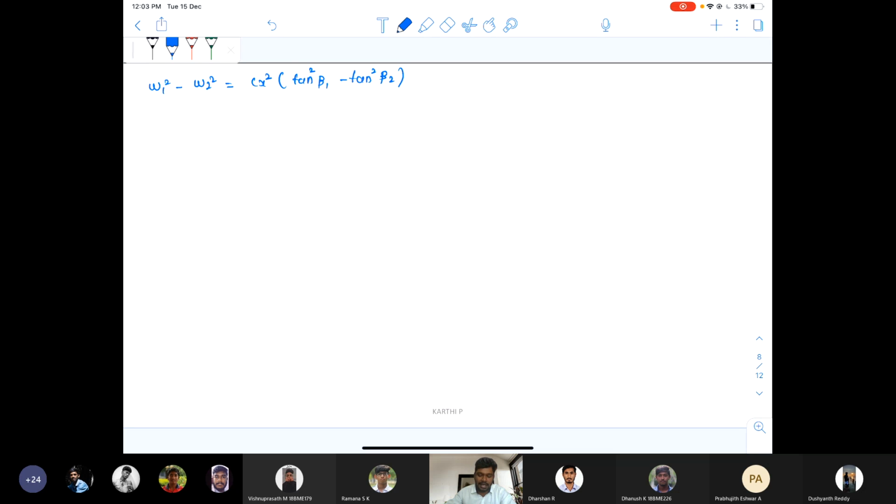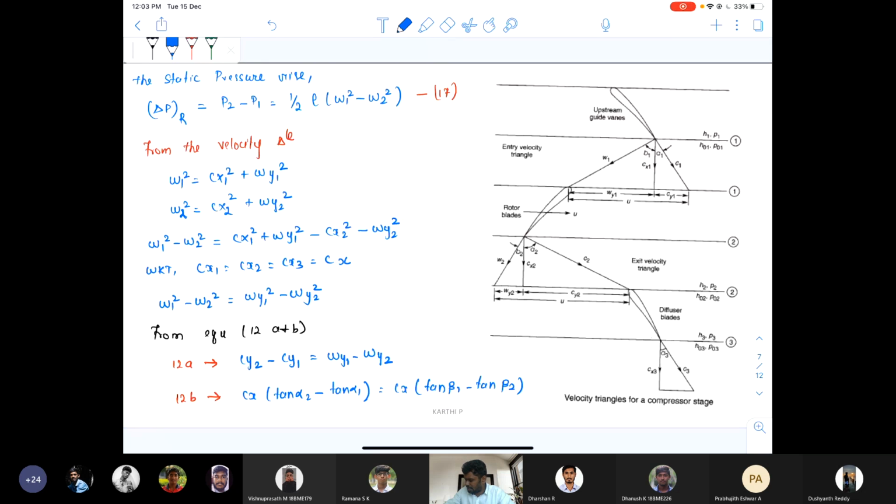Okay, you can write this equation in this form, that is, W1 square minus W2 square will be of this form: Cx into tan beta 1 minus tan beta 2.